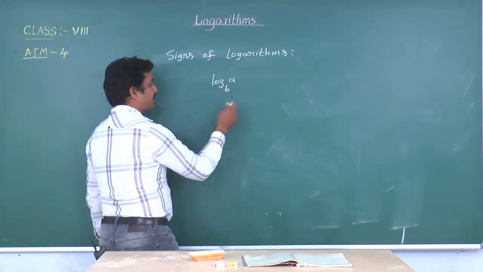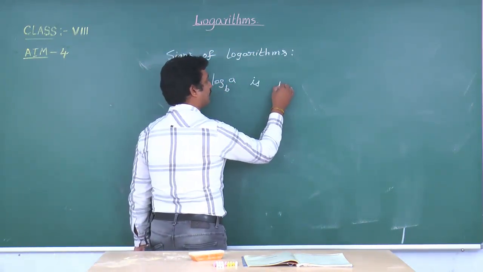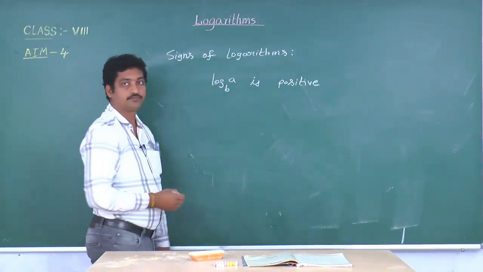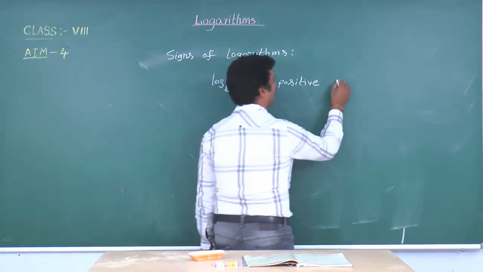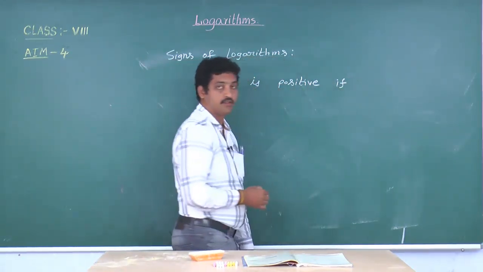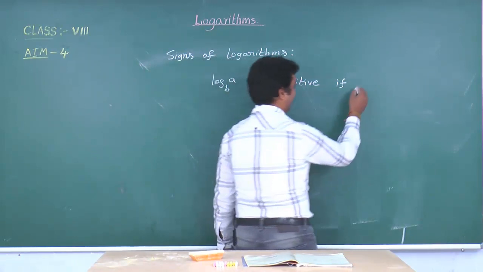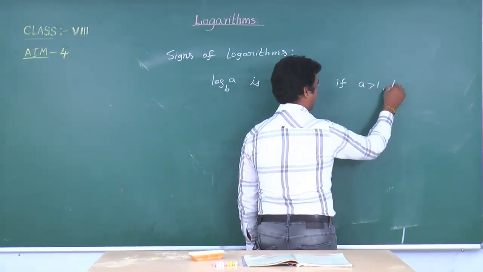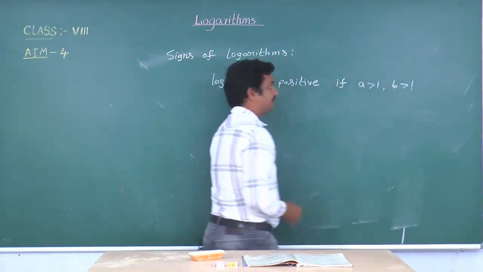Log a to the base b is positive if both are greater than 1, a greater than 1, b greater than 1.